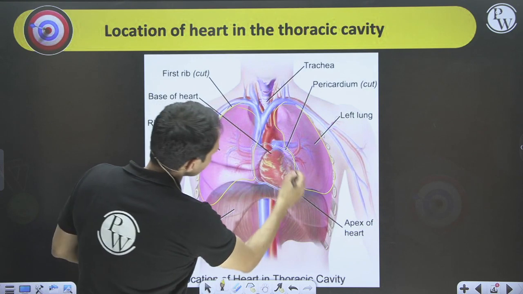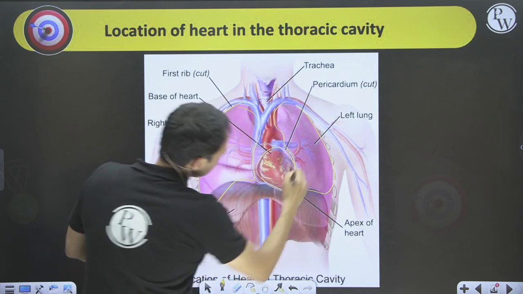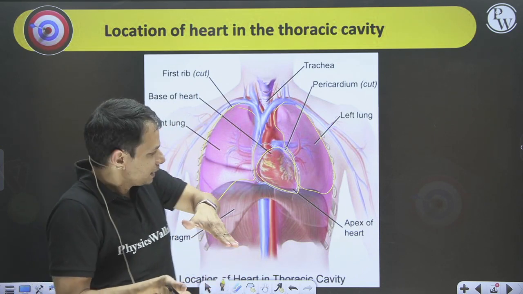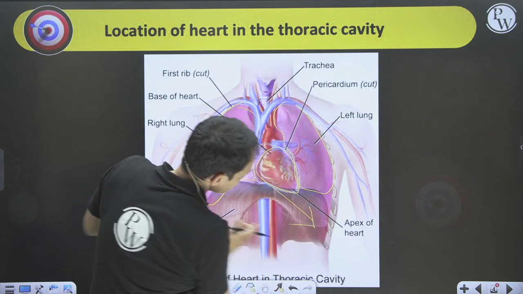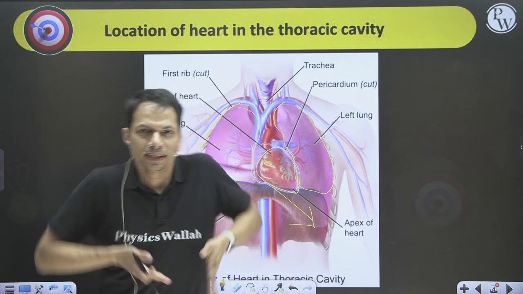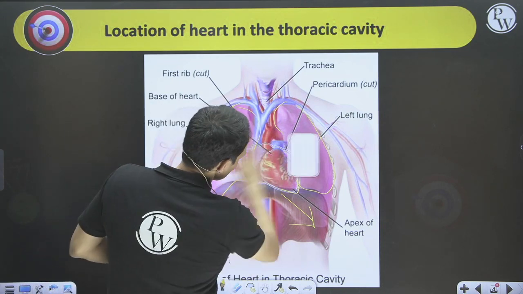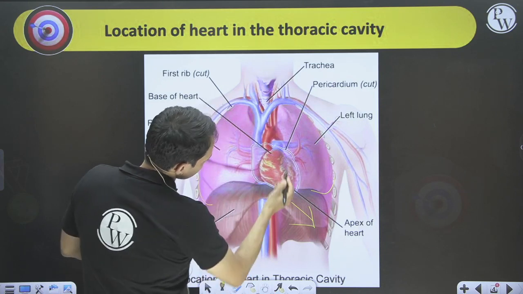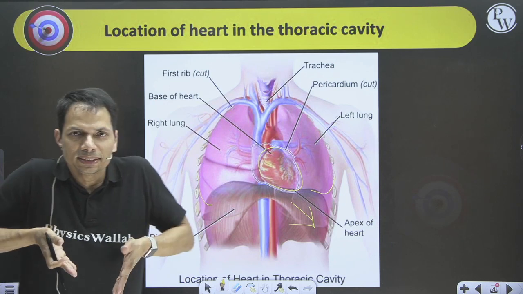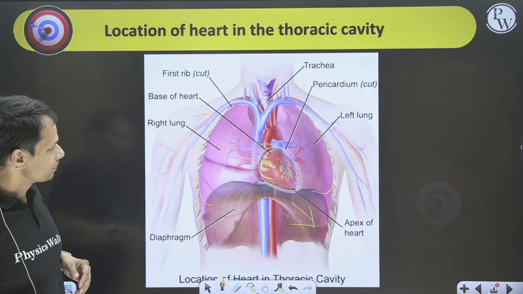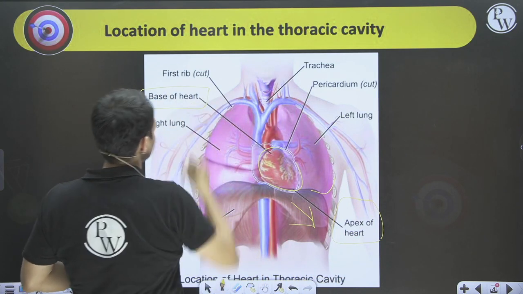In between we have the heart, and the heart is present in a kind of slanted position, and as you can see it is pointing towards the left side. This is the base of the heart, and this is the apex of the heart. So the apex is tilted towards the left side.